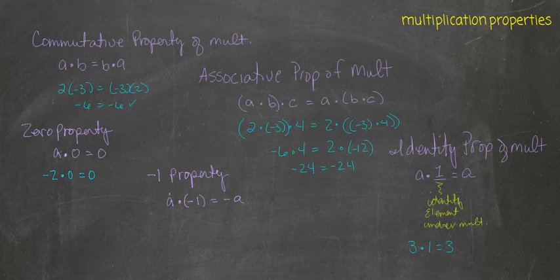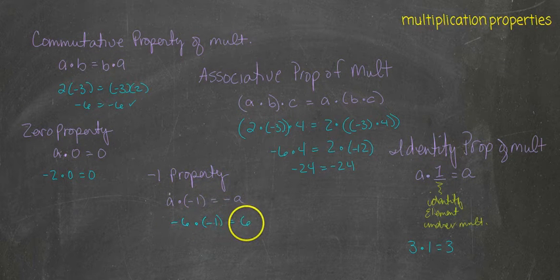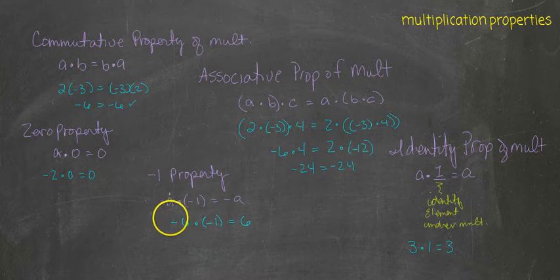So multiplying any number by negative 1 will give you the opposite of that number. And again, totally unnecessary, but we'll do it anyway. Let's do a negative number. Negative 6 times negative 1 equals positive 6. Positive 6 is the opposite of negative 6. Done.